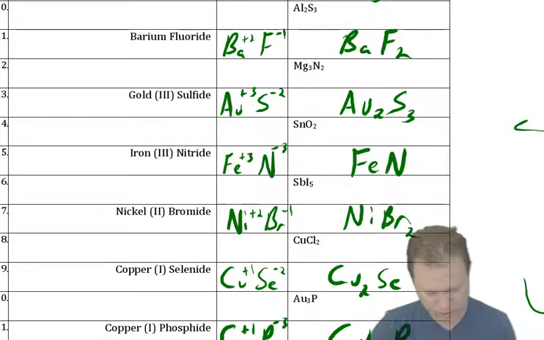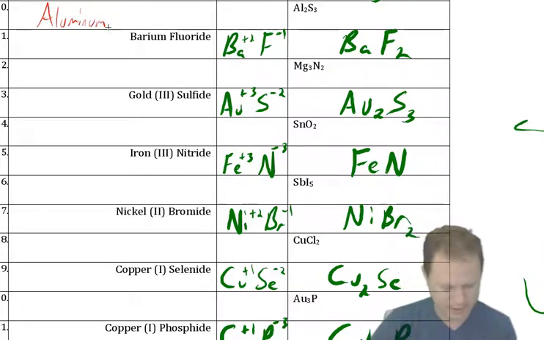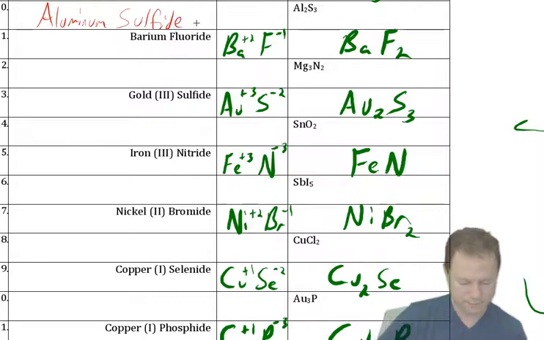I can just say it's aluminum, as they say over in the old country. Aluminum sulfur turns into sulfide. Again, not much work here. I don't have to start writing charges, figuring out, doing math.